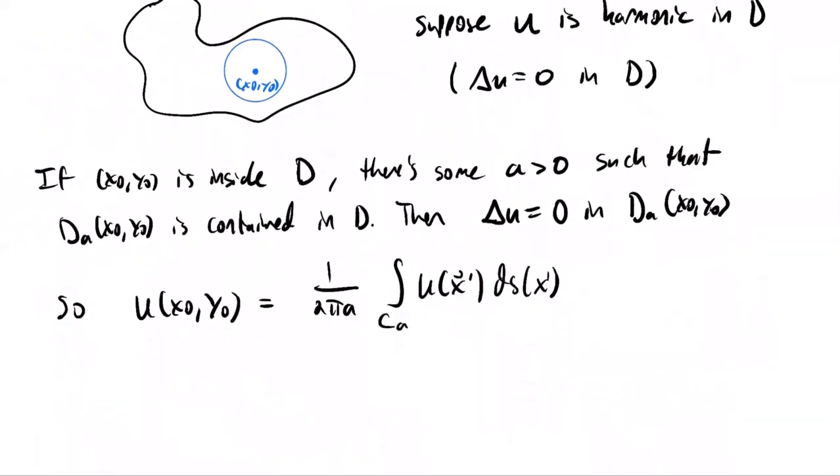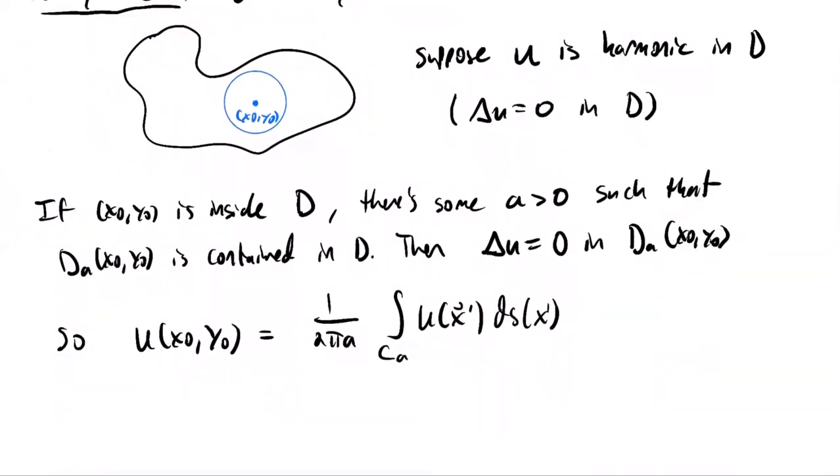And so this says that if you have quite a general type of domain and u is harmonic in the domain and you fix a point in the domain, then the value of u at that point can be recovered by looking at an average of the values of u along any circle centered at that point, as long as the circle is contained in the domain. And so this works for any a bigger than 0 as long as the disk is contained in the domain.